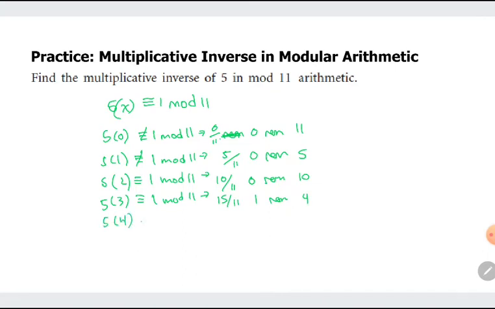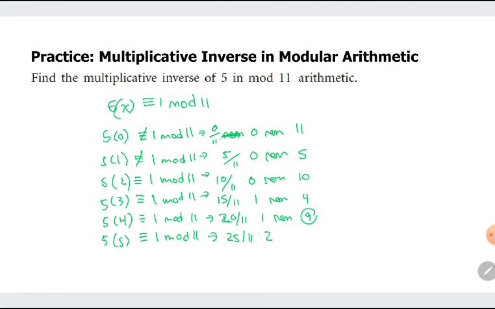5 times 4, that's 20 divided by 11. So that would be 1, remainder of 9. Okay, so this is taking a long time. 5 times 5, that's 25 divided by 11. 11 times 2 is 22.